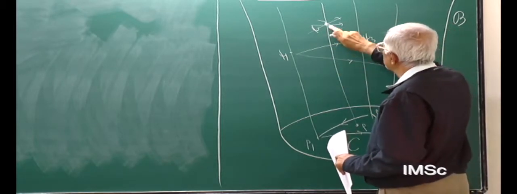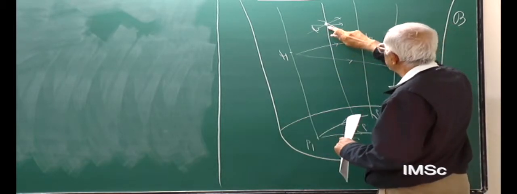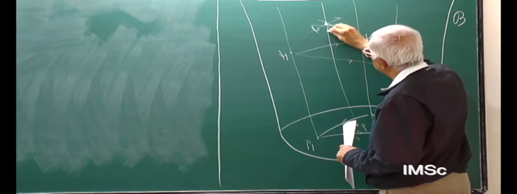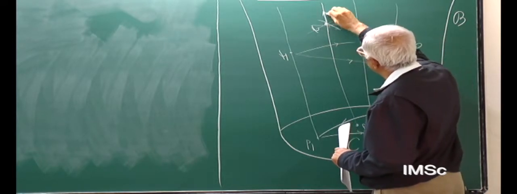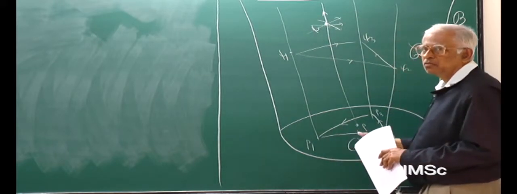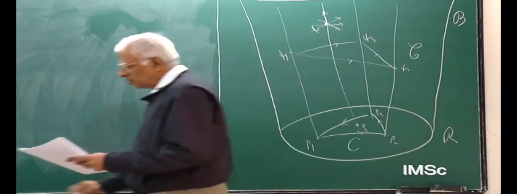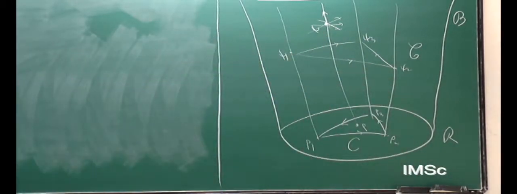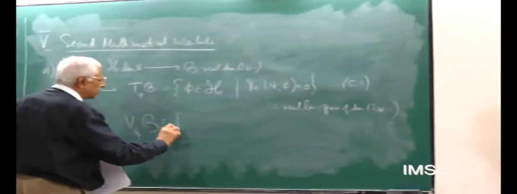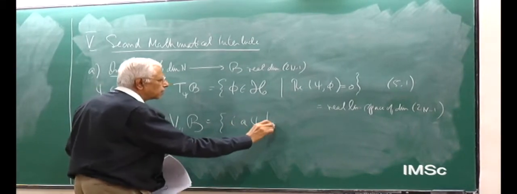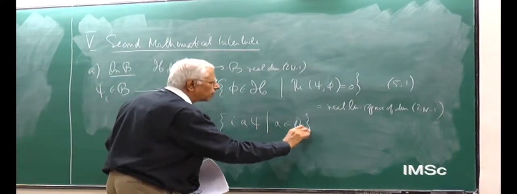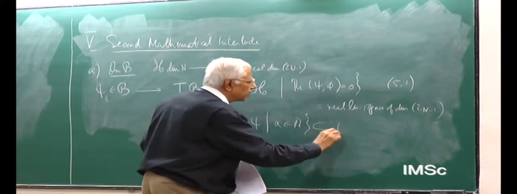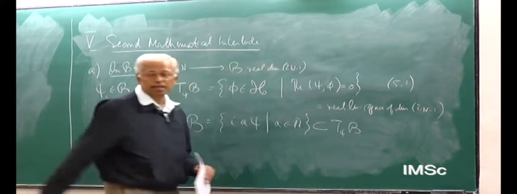Suppose you imagine a smooth curve in the space B passing through psi, which is totally contained in the fiber, moving only through the fiber. Such a thing would also be permitted here, and that is called the vertical subspace of this, and it consists of all pure imaginary multiples of psi.